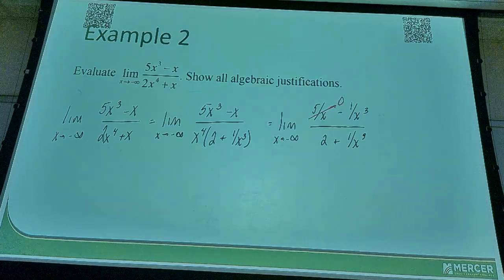If you go ahead and look, using limit laws, we're going to know that all 3 of those terms will go to 0. So we're kind of just left with the limit of 0 to 0.